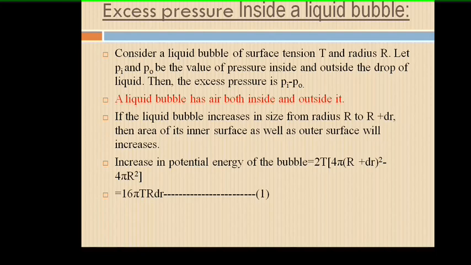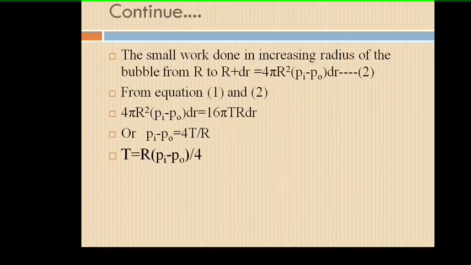So this equation becomes 16 pi T r into dr. When small work is done in increasing the radius of the bubble from r to r plus dr, the equation becomes 4 pi r square (Pi minus Po) into dr. So we are going to equate the two equations, and we get 4 pi r square (Pi minus Po) into dr is equal to 16 pi T r into dr. This gives the excess pressure Pi minus Po is equal to 4T by R. We can convert this equation for surface tension also, and it becomes surface tension T is equal to R into (Pi minus Po) by 4. With this, I stop. Thank you.